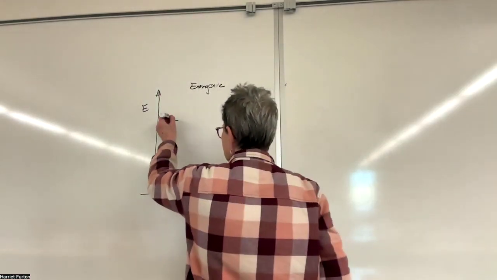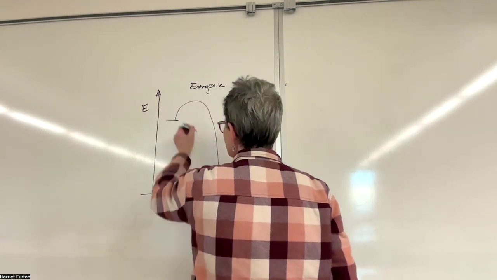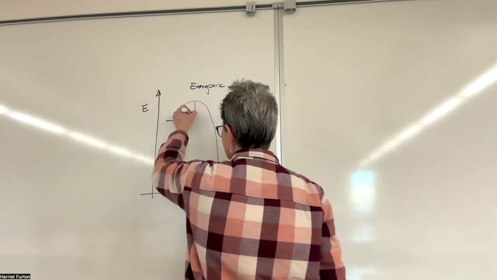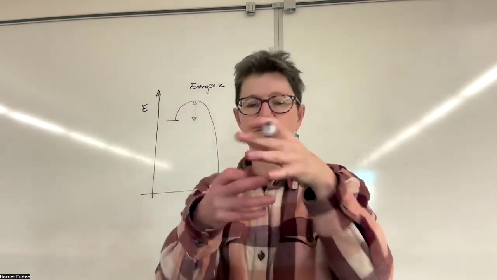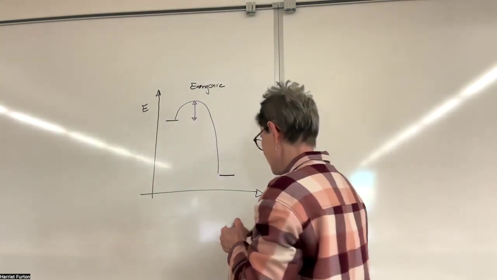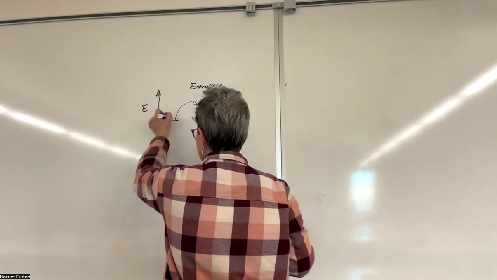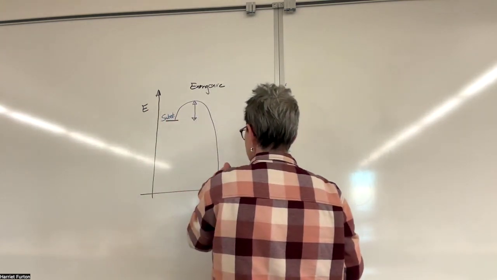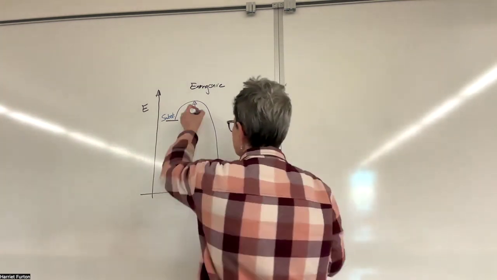Normally, the substrate needs to gain a certain amount of energy for the bonds to get loosened up, and after that the reaction can happen. So this is the substrate, and this is the product. This is the activation energy.